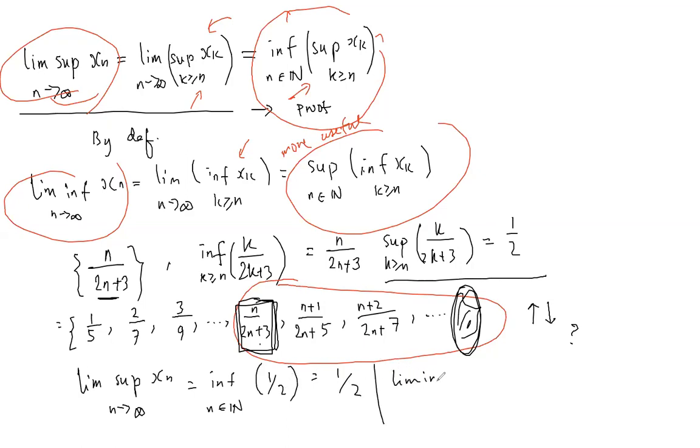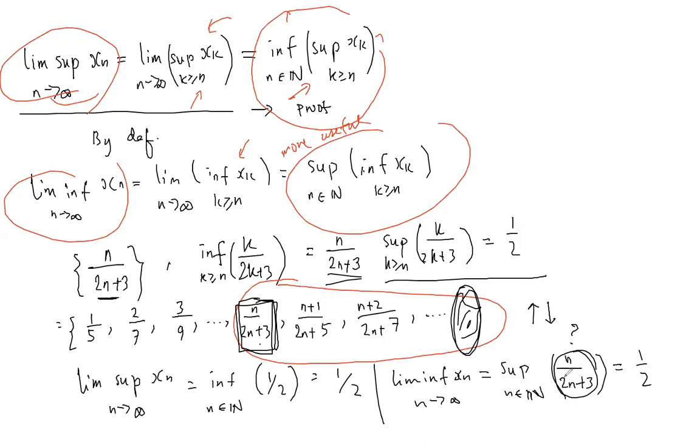The lim inf of xn is the supremum of the infimum, which is n over 2n plus 3. Again, this one is 1 over 2, because you substitute 1, then 2, then 3 and so on, so this sequence is increasing and the supremum will be 1 over 2.